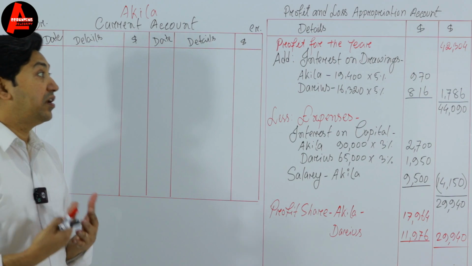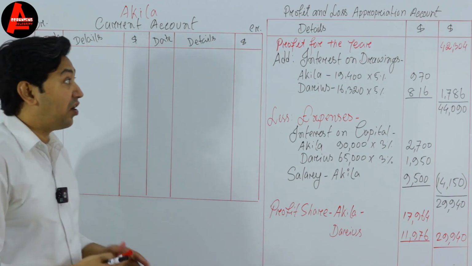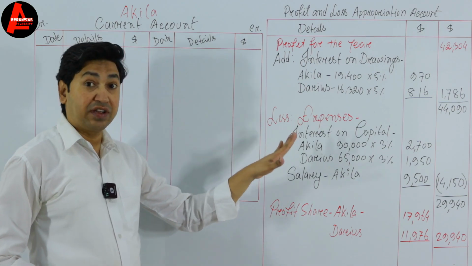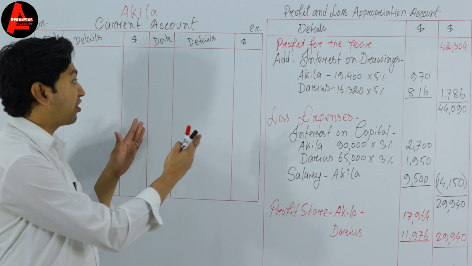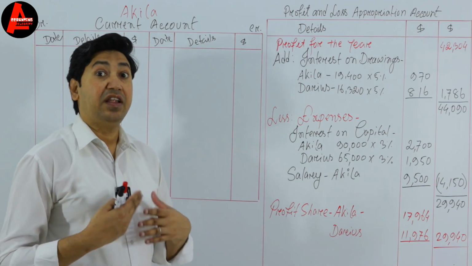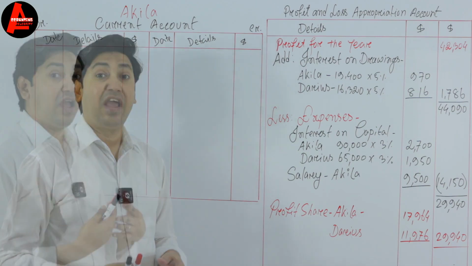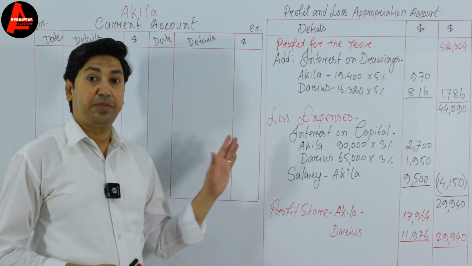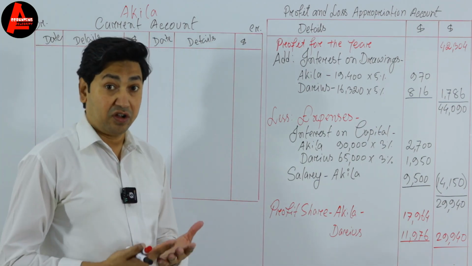Don't forget, on the debit side we will take only drawings and interest on drawings. For the credit side we will take all the items like interest on capital and salary, and profit share will appear on this side. This is the same for all questions.